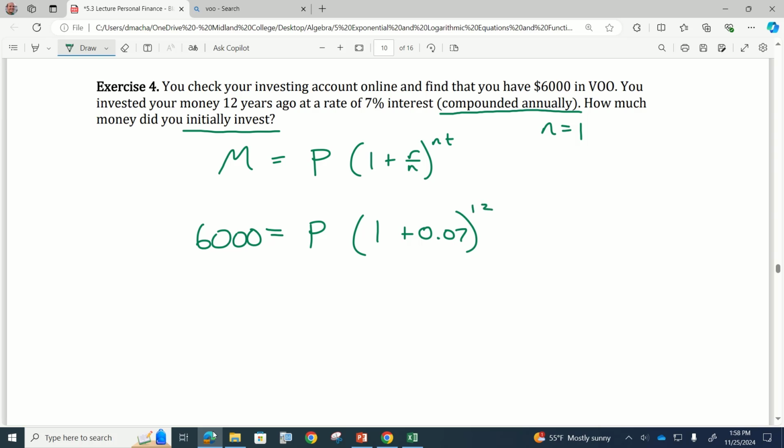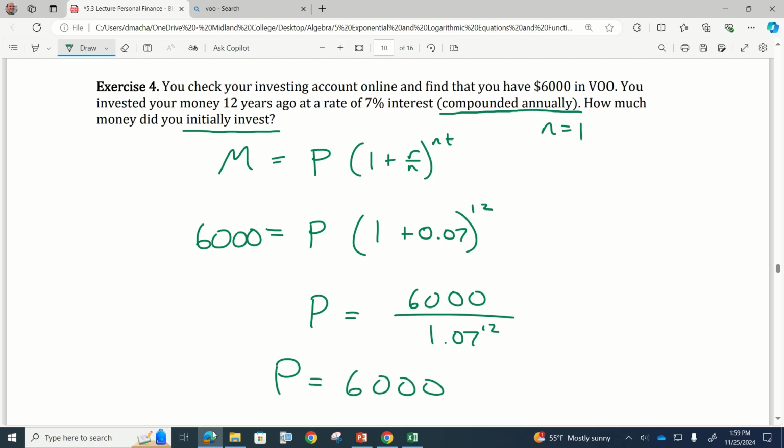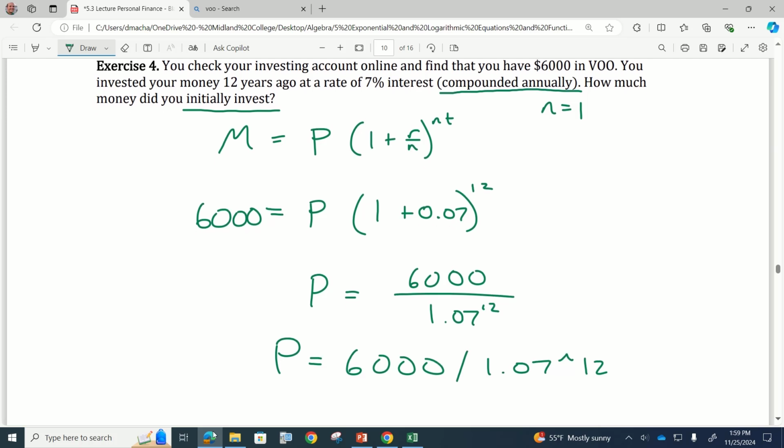So if I want to find P, I just take both sides of my equation, and I divide by 1 plus 0.07 raised to the power 12. Or, if you're in your calculator right now, you do 6,000 divided by 1.07 raised to the power 12. So what was that principal?